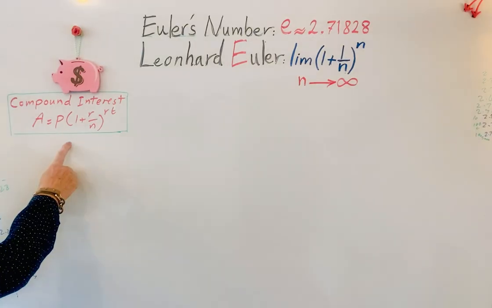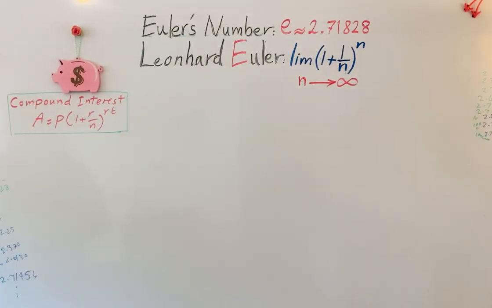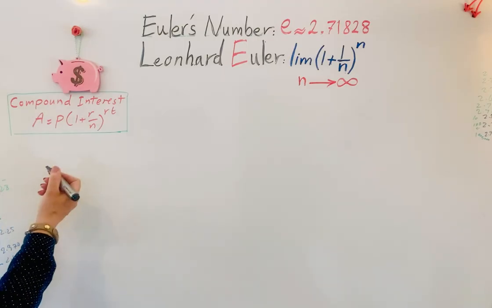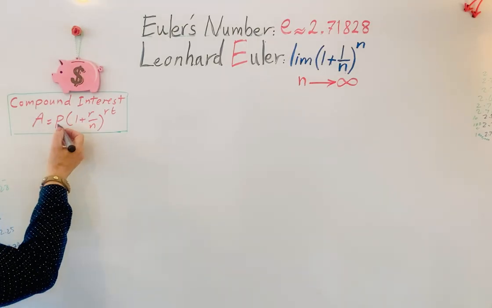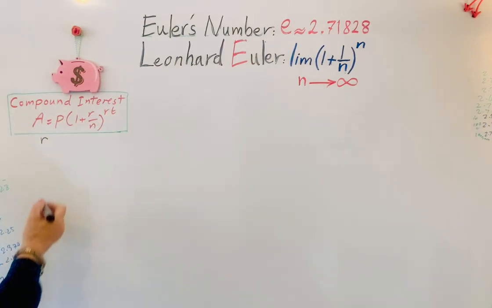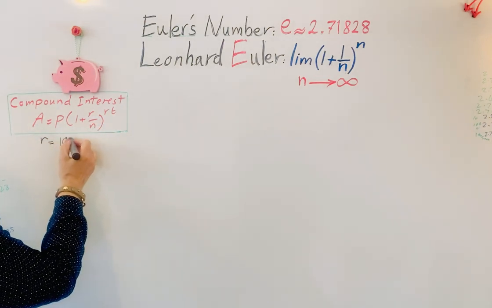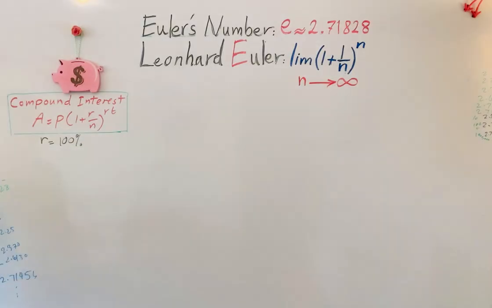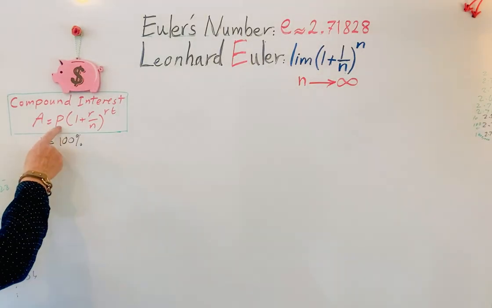Okay, I want to explain something about this. Just supposing P is just P, and the rate of interest R is 100%, for example. Easier, okay? We want to know how many times a year is most profitable for a person who invests this money.